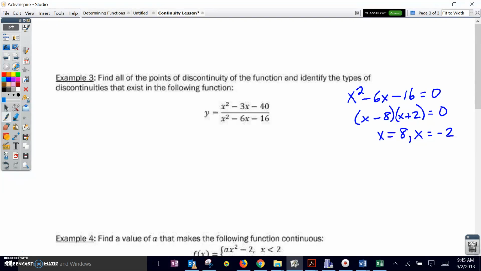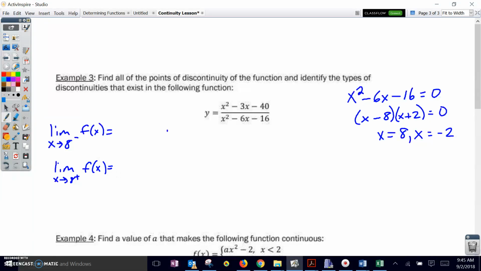And then we're going to analyze what happens with the limits as we approach these values from the left and the right to determine what kinds of discontinuities exist. So we need the limit as x approaches 8 from the left of the function, and the limit as x approaches 8 from the right of the function.